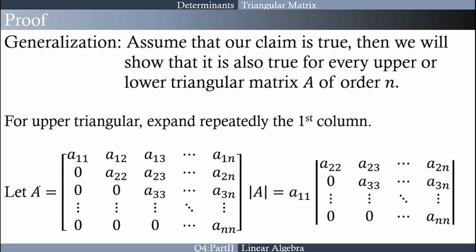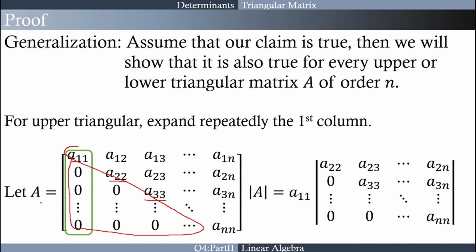Let's say we have this matrix A with entries a11, a22, a33, and the main diagonal goes to a sub nn, the first row goes from a11 to a1n, and everything under the main diagonal is zeros. So it's easier to work with the first column to get the determinant of our matrix A.